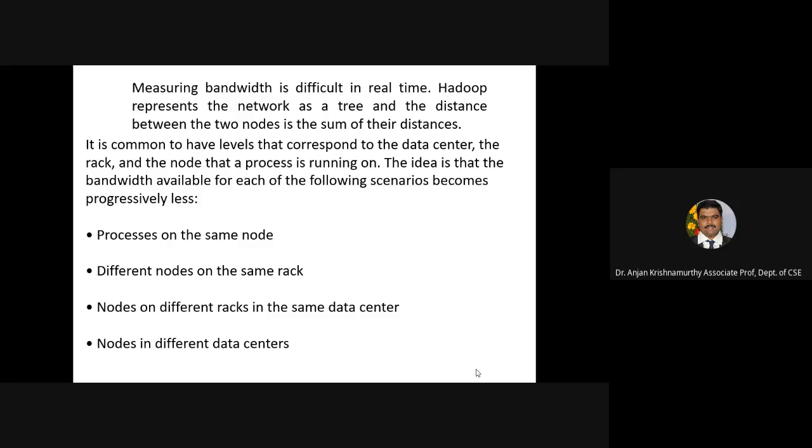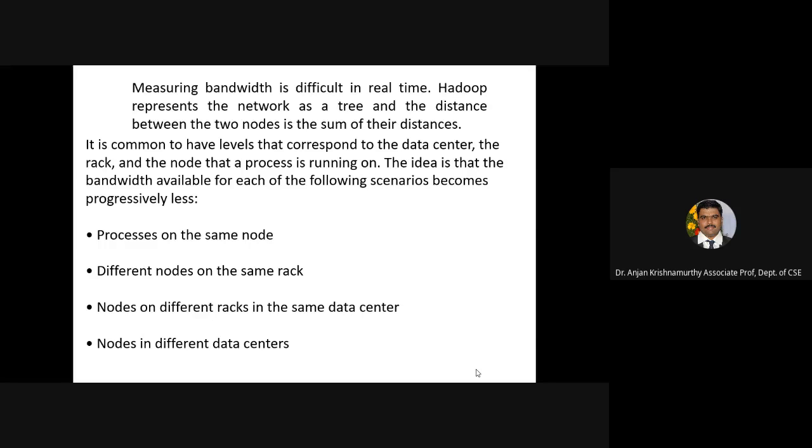And the idea of the bandwidth being available comes in these scenarios. What are those scenarios? The processes which are trying to do some kind of processing are available only in the same node. So when the processes are in the same node, the rate of transfer of the data is easier.